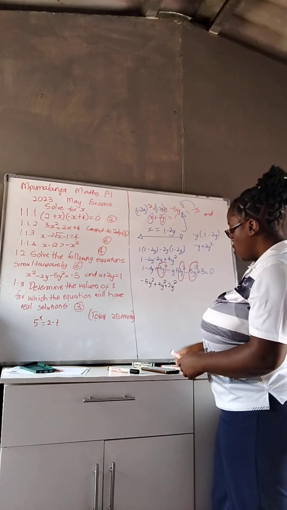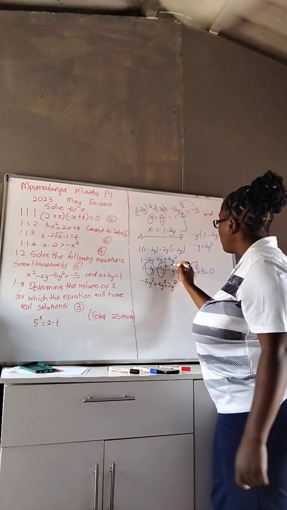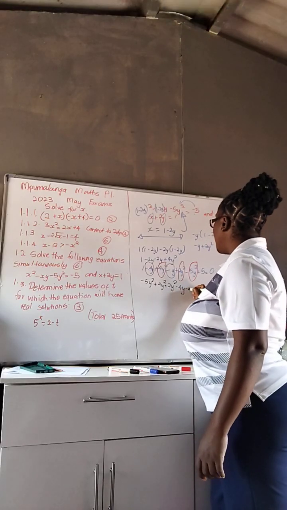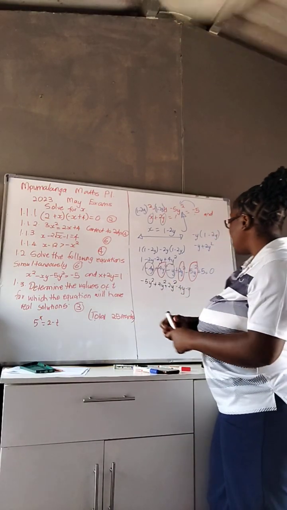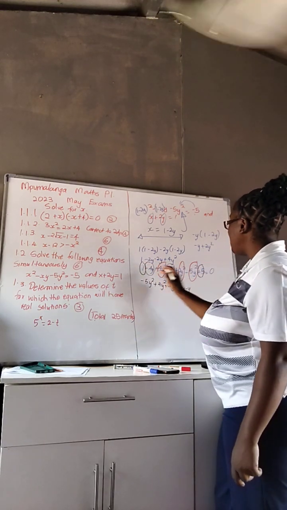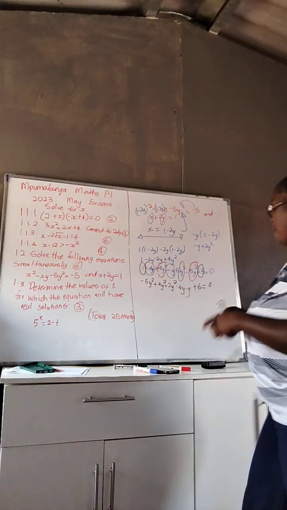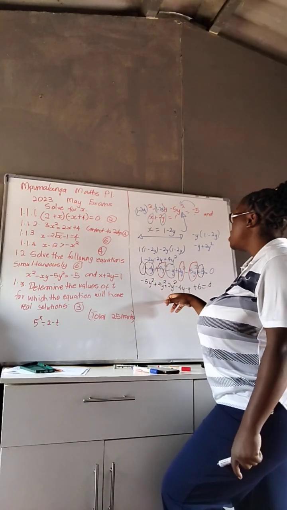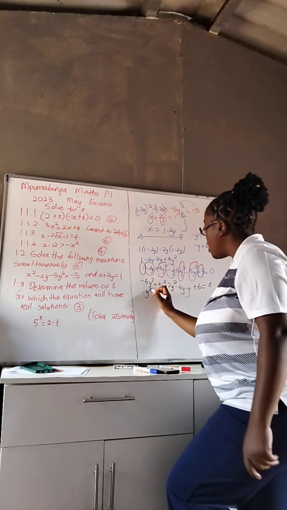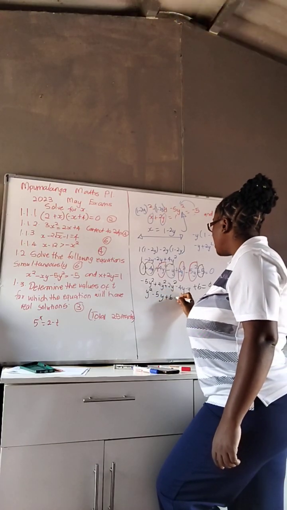We take this one here, and this one here. So it's minus 4y minus y. After that, we now have the numbers. So it's 1 plus 5, which gives us 6, equals 0. And 4 plus 2 is 6, and then 6 minus 5 is 1. So you'll be having y squared minus 5y plus 6 equals 0.